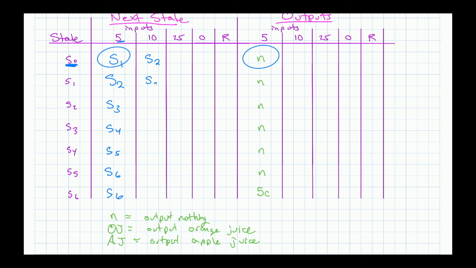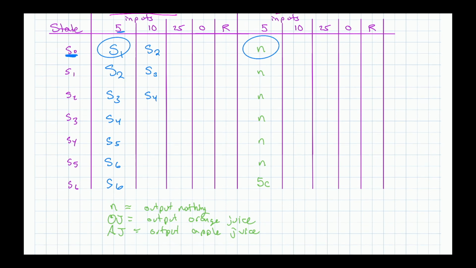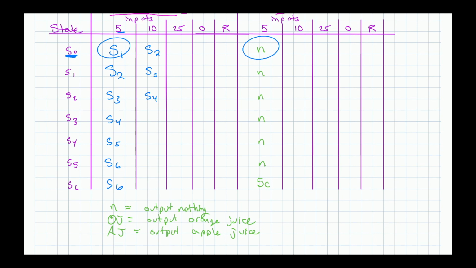Wait, is that right? Yeah, that's right. Then if you're at 10 and you put in 10, you'll be at 20, which is S4. You can see a pattern here, right? Like this was S1, S2, S2, S3, S3, S4, S4, S5. So use the patterns to see if you make mistakes. But if you're at 15 and you put in 10, you should be at 25, which is S5.